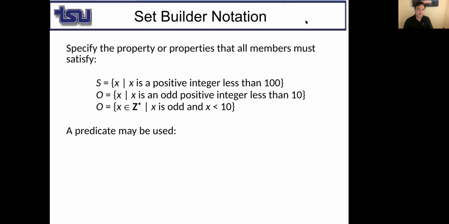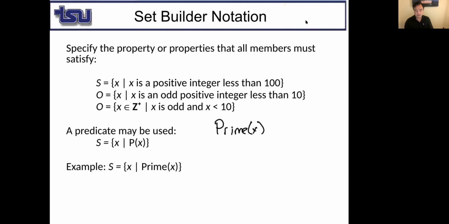Or you can use a predicate actually. For example, here you can say set S consists of elements x such that P(x) is true. For example, if my predicate is prime(x), in other words, prime(x) is a propositional function that says x is a prime integer, then it consists of all prime numbers.